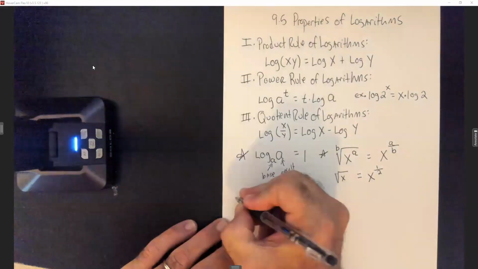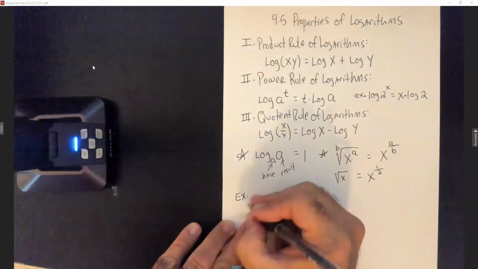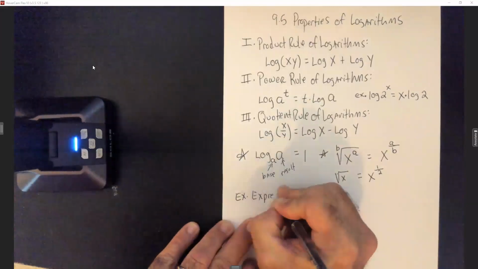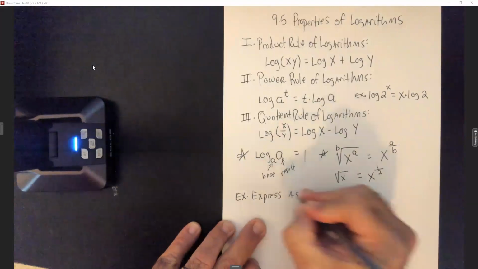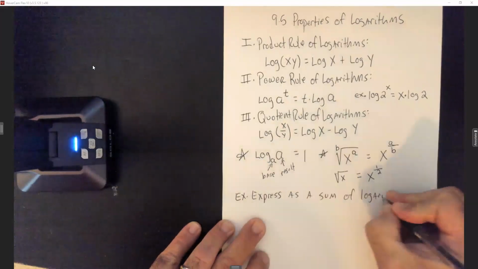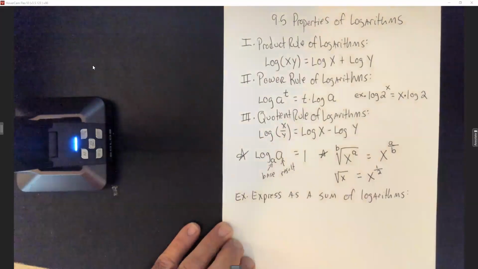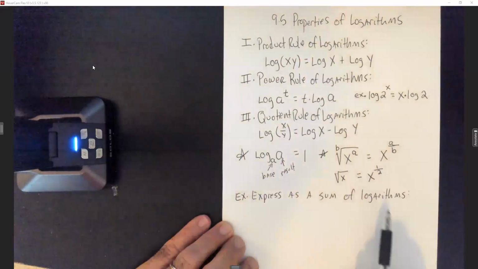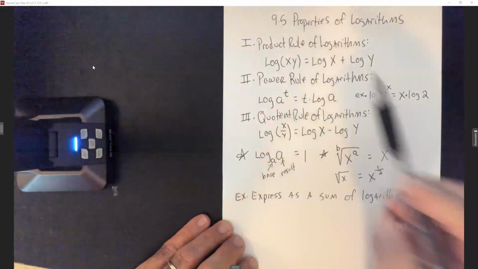So let's play with some of these and see what they want to do. This first example wants me to express as a sum of logarithms. So if they want them to end up as a sum of logarithms, the only way they can end up as a sum of logarithms up here is if I started out with a product.